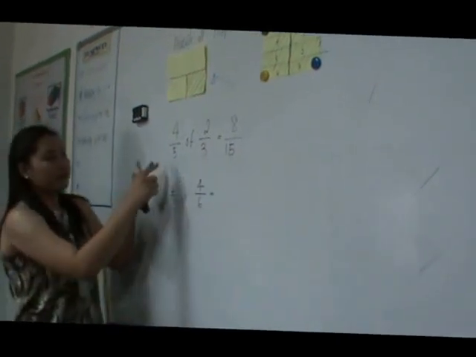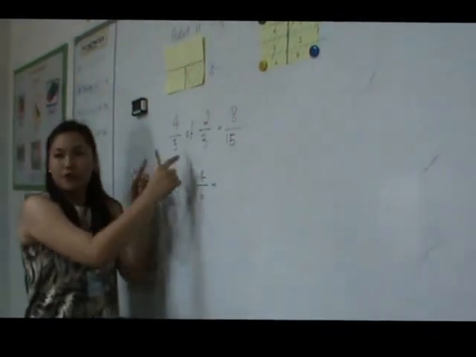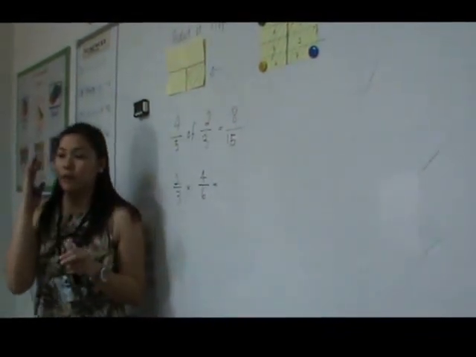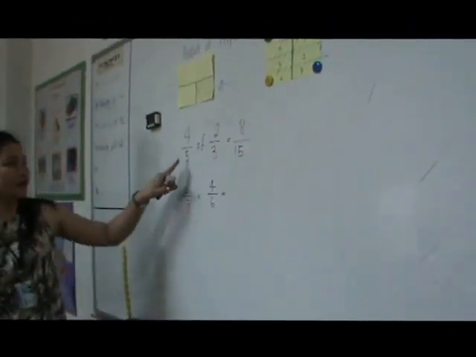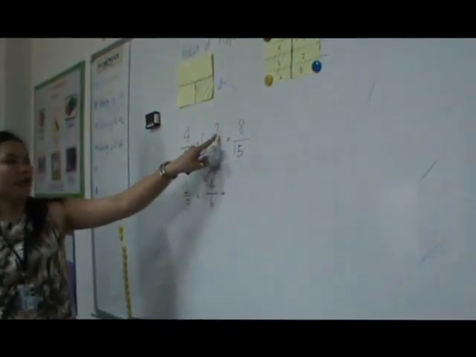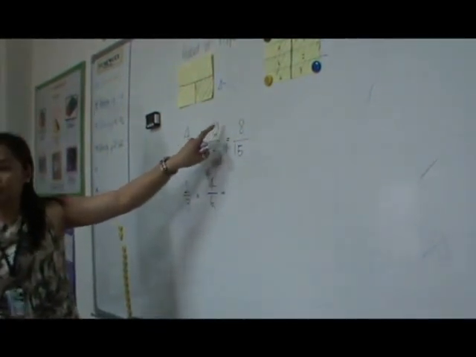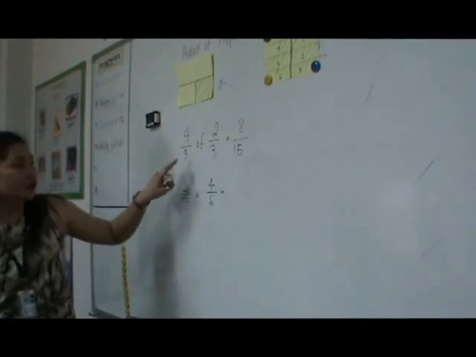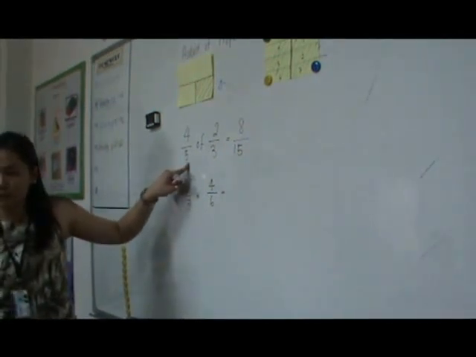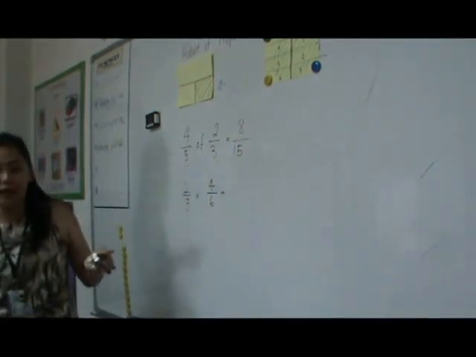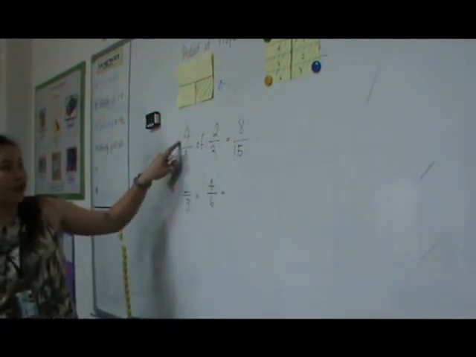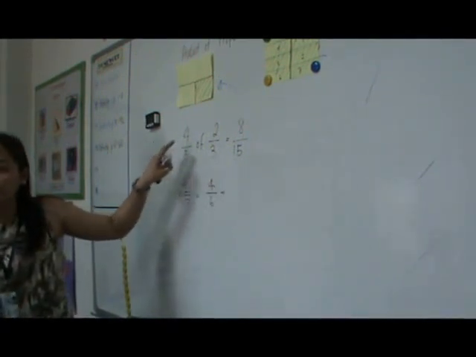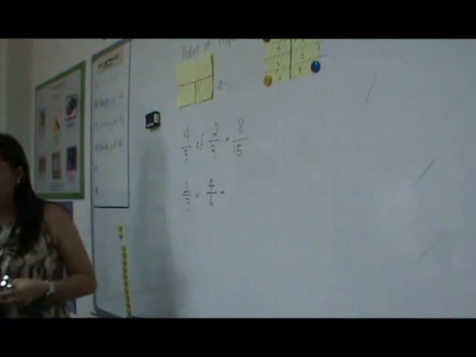Lana, like for this 5 and 2, think of a number that you can divide both with. 2 can be divided by 2, but 5 cannot be divided by 2 without a remainder. So you cannot. How about 4 and 3? Can you think of a number that you can divide both with? No.